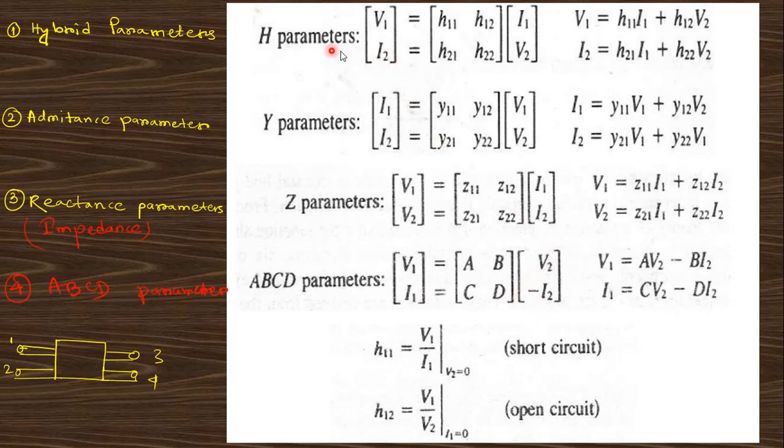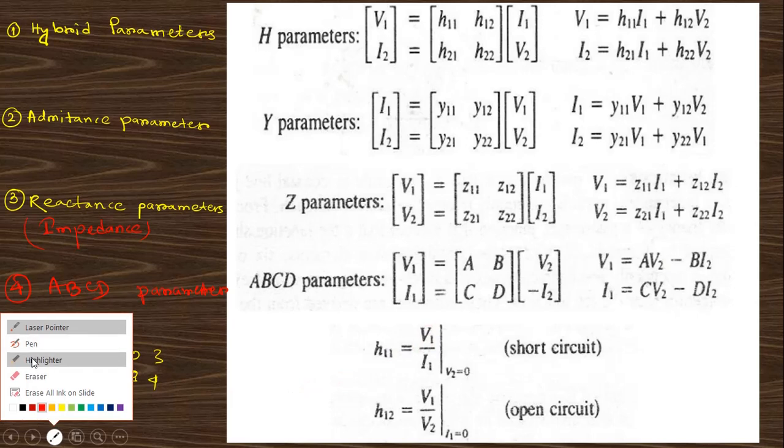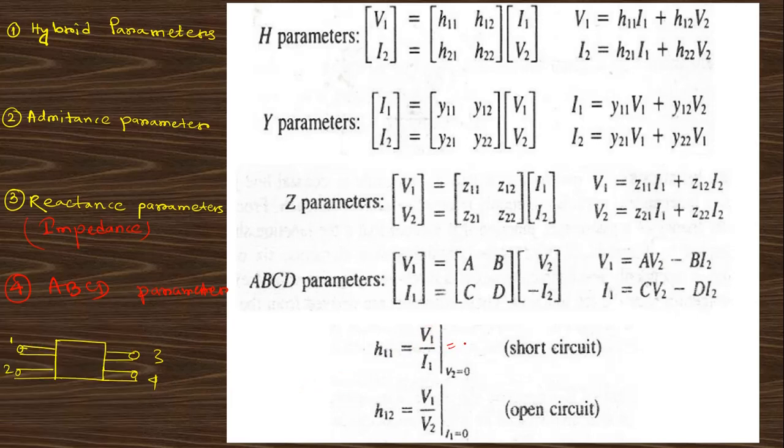Why is this called hybrid parameter? You can see here, H11 can be found when V2 is 0. H11 is V1 by I1, voltage by current, that is resistance. Short circuit, because the output is 0.